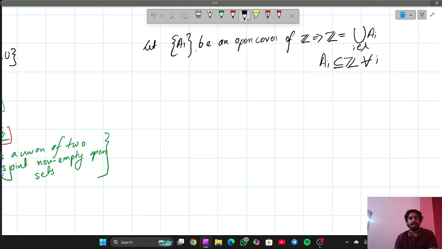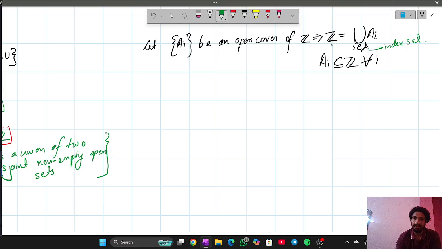So the A_i are an open cover of Z. And this will imply that there are some subsets A_i which are subsets of the set of integers for all i. And this is an index set. So if we take the union over this index set, we will get this set of integers.